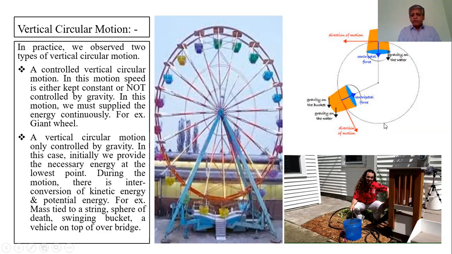When we provide some kinetic energy at the lowest point in such a way that it can revolve in a vertical circular motion, during this motion the kinetic energy provided at the lowest point is interconverted into potential energy. Kinetic energy decreases and potential energy increases up to the highest point, or top point, of this vertical circular motion.